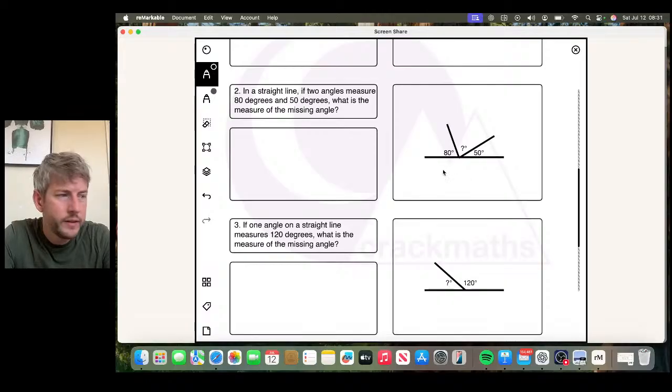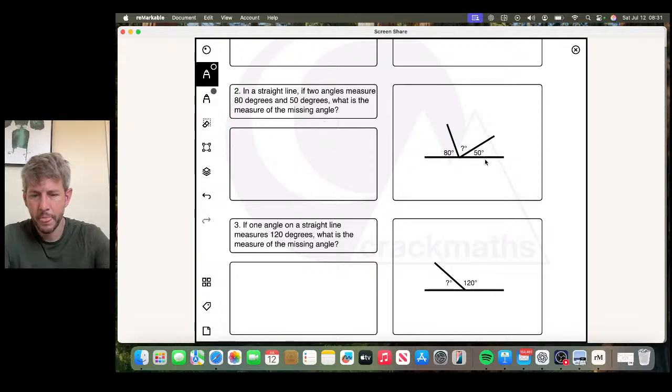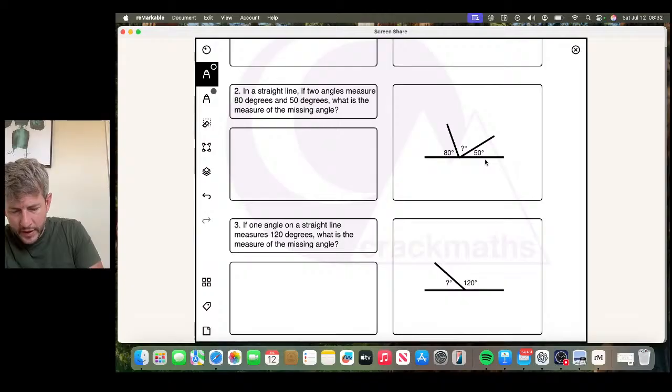This next one here is going to be, in a straight line, if two angles measure 80 degrees and 50 degrees, what is the measure of the missing angle? Okay, so again they make 180. So 80 add 50 equals 130. 180 take away 130 will be 50 degrees.